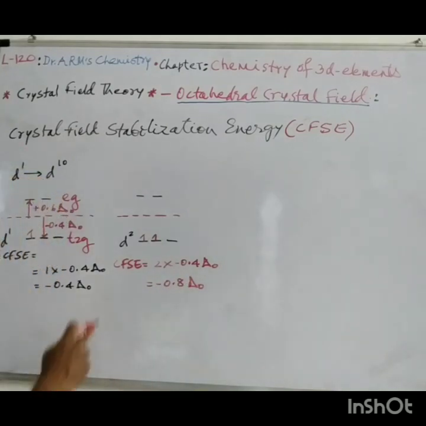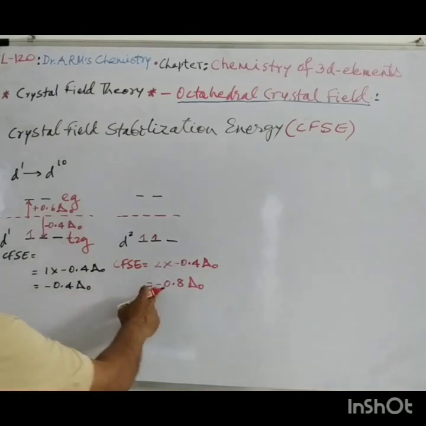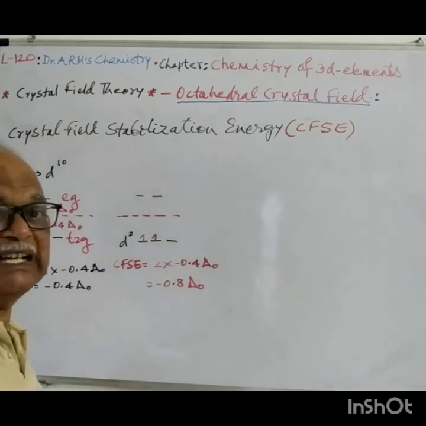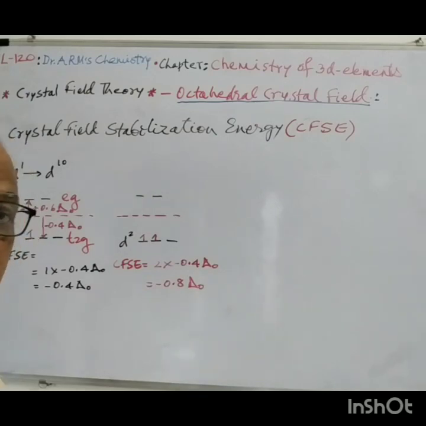So with increasing number of electrons in the t2g orbitals, the energy of the complex is lower. When there is only one electron in the t2g orbitals, it is minus 0.4 delta O. When the number of electrons is 2, the energy becomes minus 0.8 delta O. So compared to the single electron, in the case of this double electron system the energy is lower.